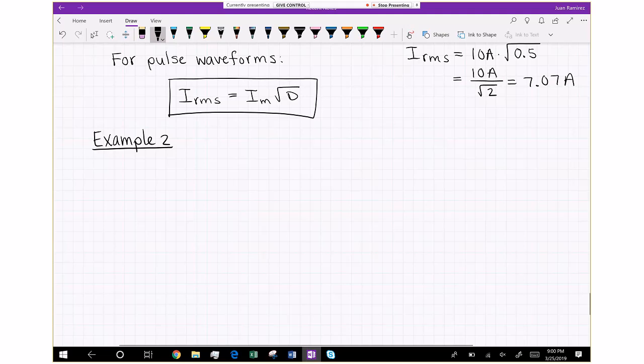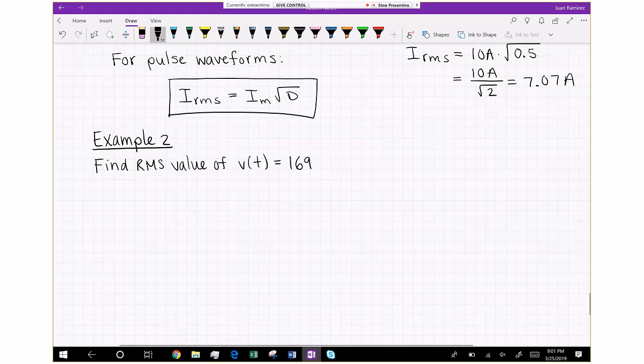Example 2, we're going to look for the RMS value of a sinusoidal voltage. In this case, I give you the actual equation instead of the graph, so you can see it in both ways.